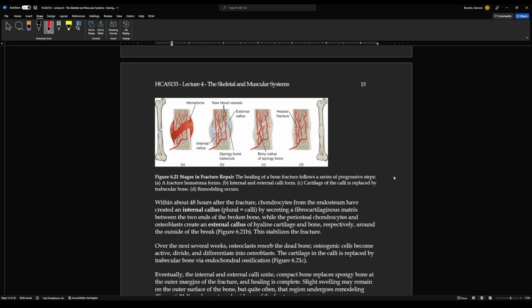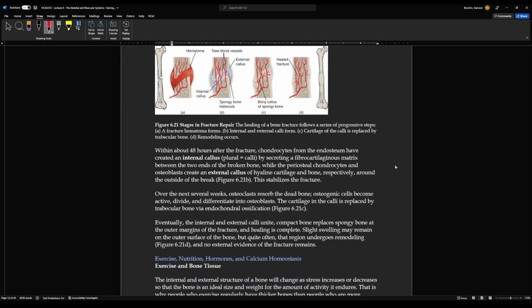Then we kind of get a combination of chondrocytes, fibroblasts, osteoblasts, etc., and they really form and start to shore up that callus. And then the osteoblasts really set to work and start to build a new bone in its place, right?